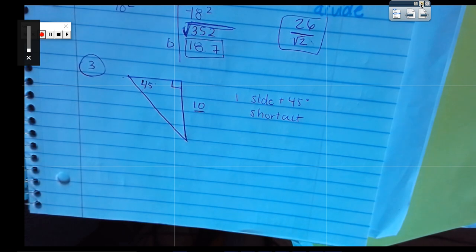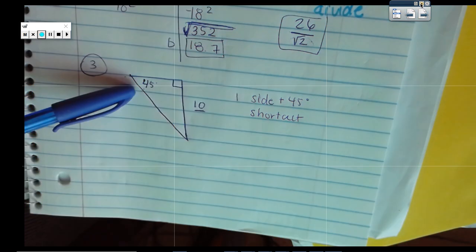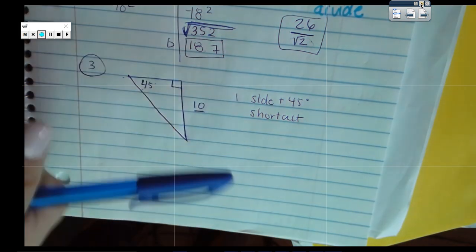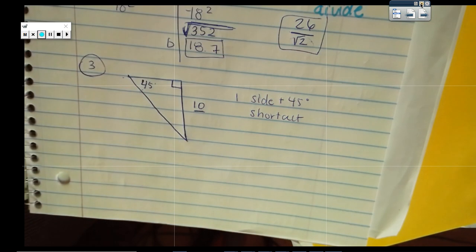Technically, you would know they're both 10 because it's a 45. But you can use a shortcut is what we're saying. You can use a shortcut. So I circle the one given.